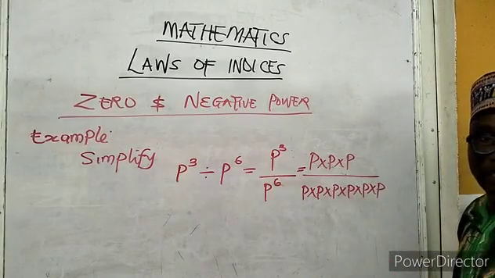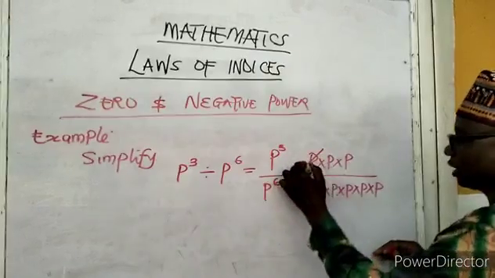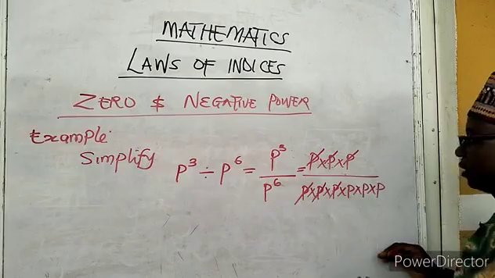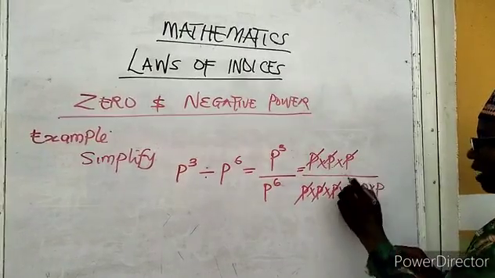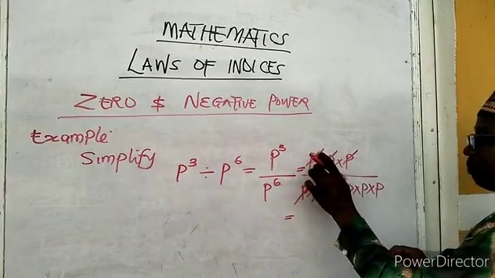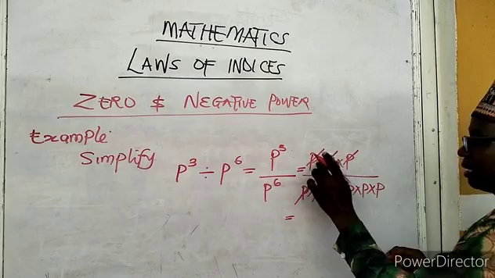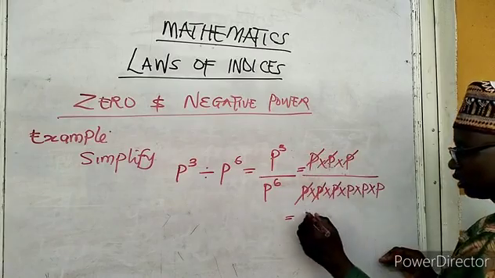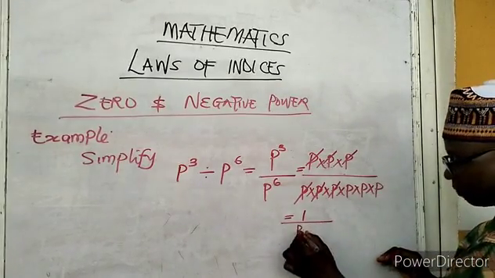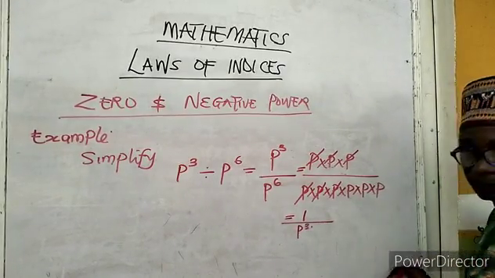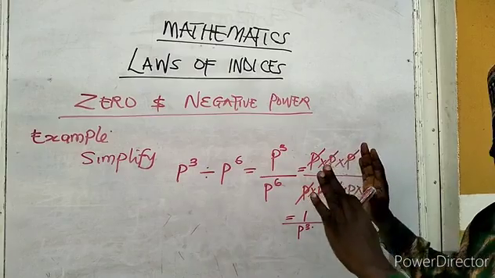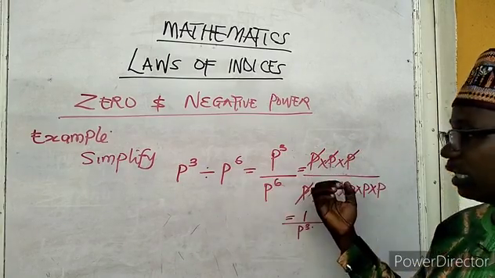Now let's take our cutlass and cut. This cancels this, this cancels this, this cancels this. So look at what you have. We have just ordinary 1, because there's nothing left. This is going to be 1 all over how many p's? That is p raised to the power of 3. You understand? This is a fully expanded expression.